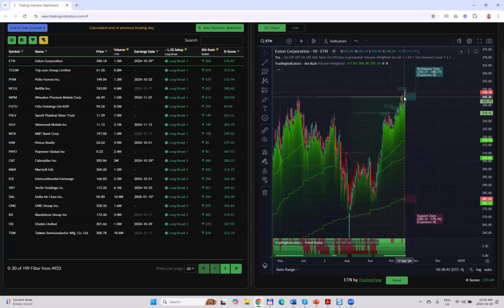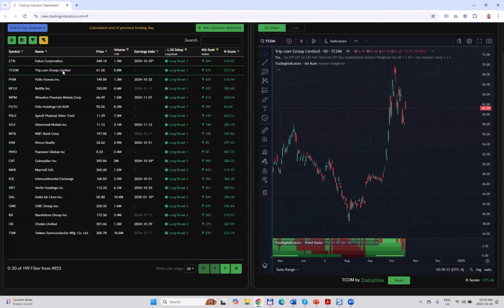And sometimes this leads to a reversal from this point on. So to me, this is still too fresh. We're not too far away from this recent high from which we bounced off. So I'm going to stay away from this one. There will be better examples of a zone break coming up. And once again, the beauty about this dashboard is that we can focus on the setups which have the highest quality. So let's move to the next one.